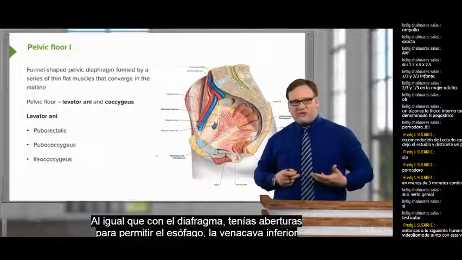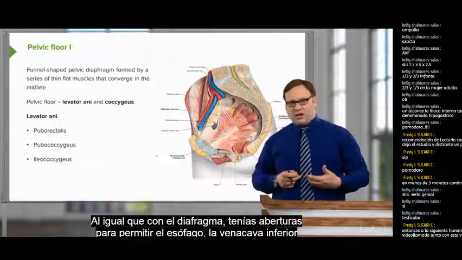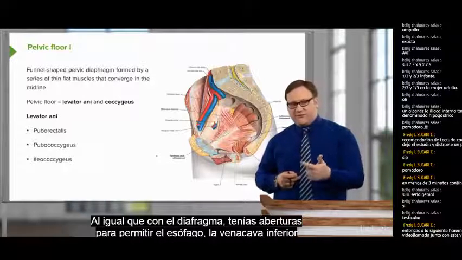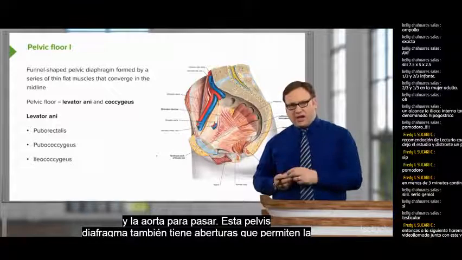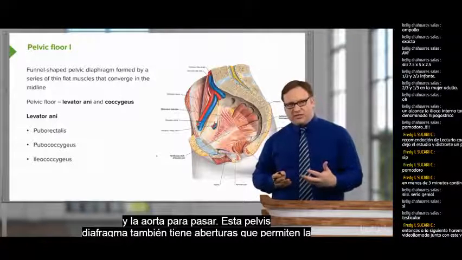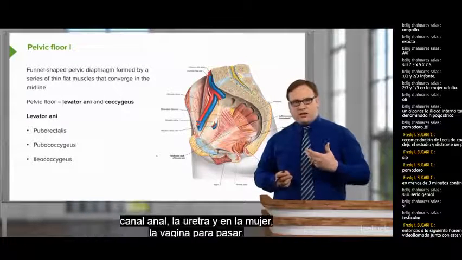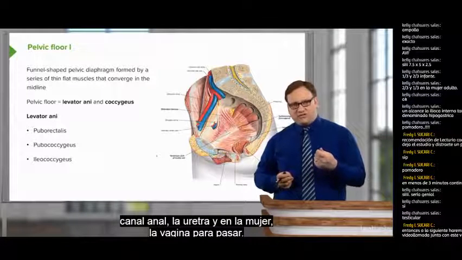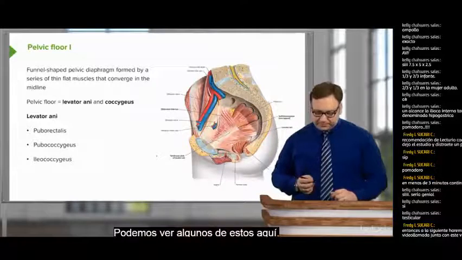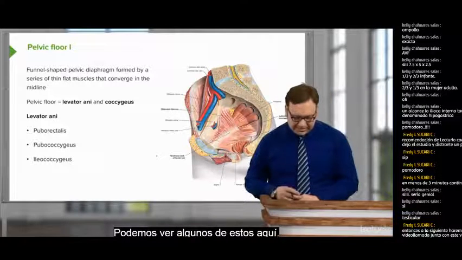Just like with the diaphragm, it had apertures to allow the esophagus, the inferior vena cava, and the aorta to pass through. This pelvic diaphragm also has apertures that allow the anal canal, the urethra, and in the female, the vagina to pass through. We can see some of these here.